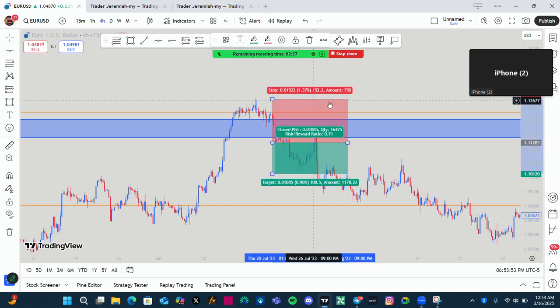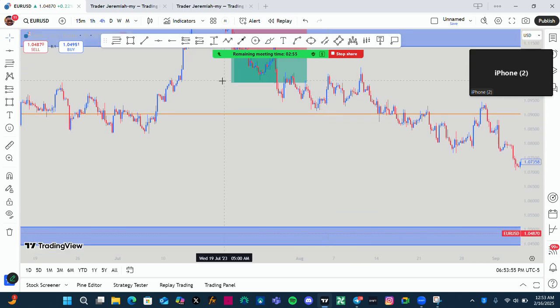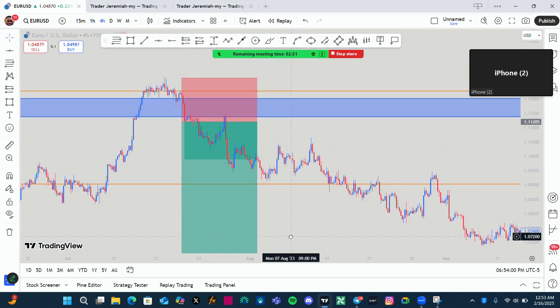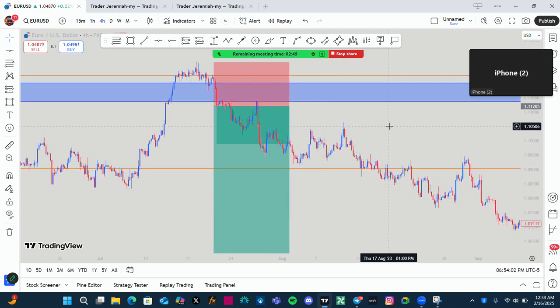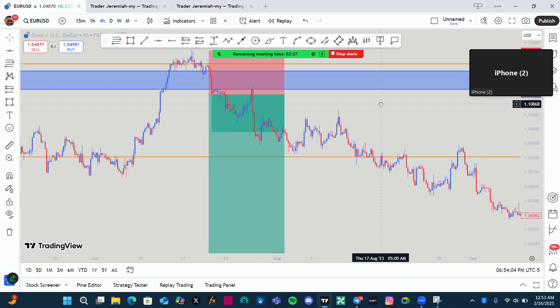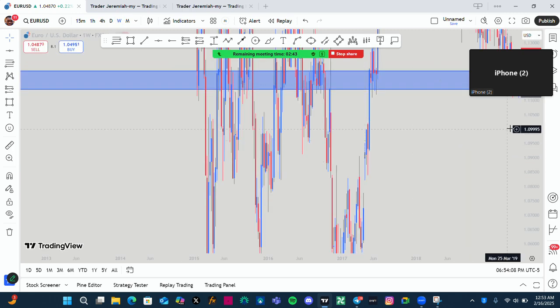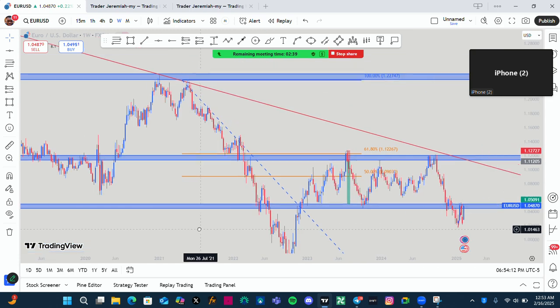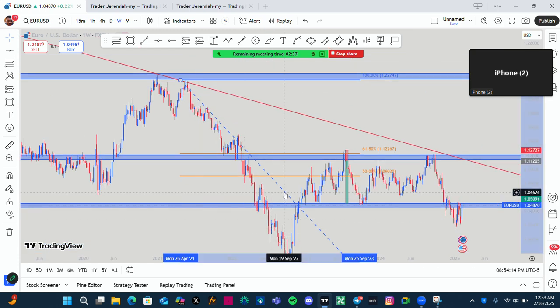So you can put it above the level and target this zone, this next major support level. So that's how it is. That's how to use Fibonacci on a trending market, and you can always use it when price is trending. You can't use it in a ranging market.